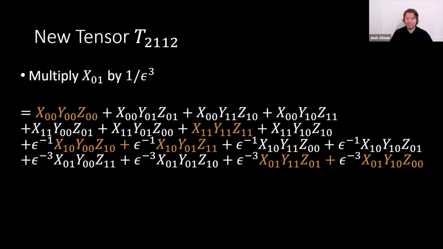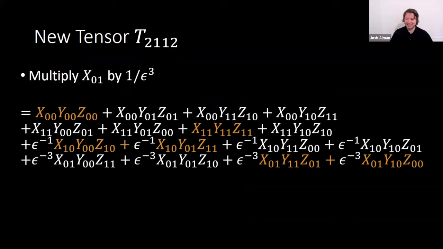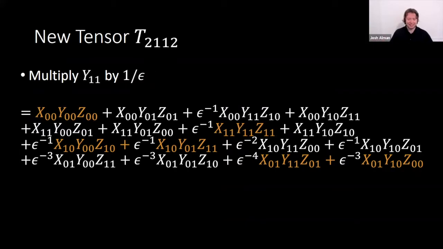Now I'm going to rescale some y variables. I'm going to multiply y11, the third column, by 1 over epsilon, like this. This one is epsilon to the -4 now, because it got -3 from its row and -1 from its column. I'm also going to multiply y00, the first column, by 1 over epsilon cubed.